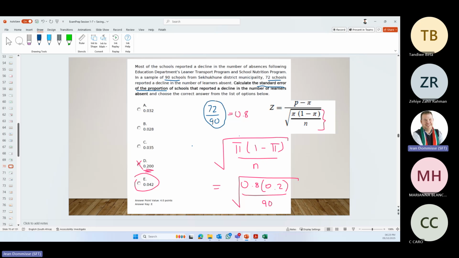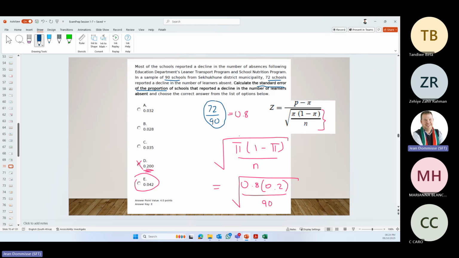We can also work with proportions. You can nearly see this proportion is a bit like binomial, but it's not 100%. Basically, what proportions mean is there will be a number of schools in this instance that are part of it, and a number of schools that are not part of it.